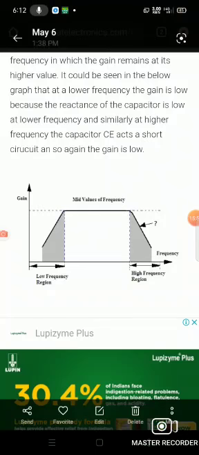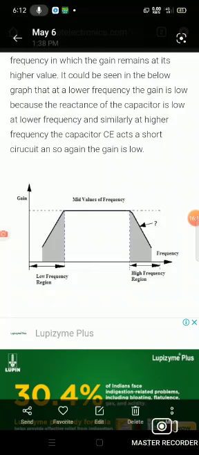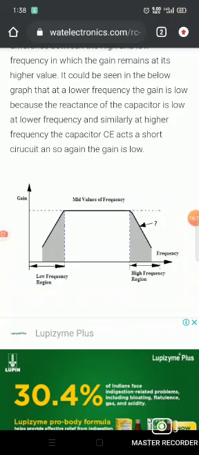So in this graph, consider that the frequency region is the middle frequency region. That frequency region is the audio frequency region, because in practical operations that frequency is considered as 100 Hz to 100 kilohertz. The vertically dotted lines in the middle of the graph indicate the lower frequency region and the higher frequency region.